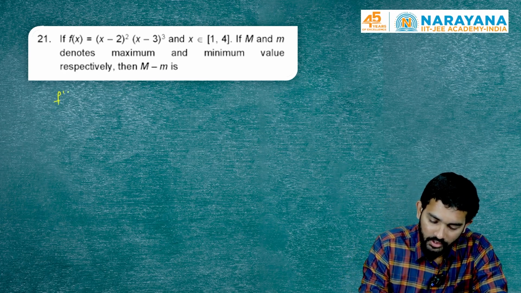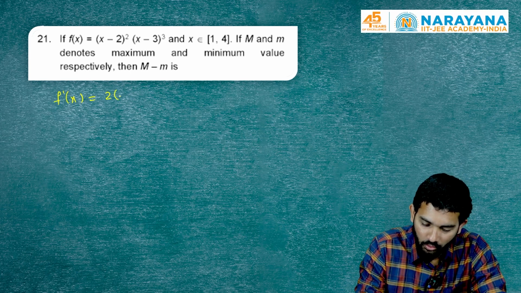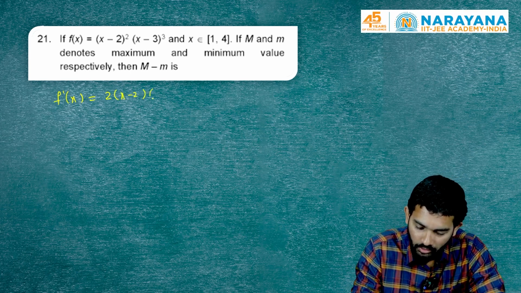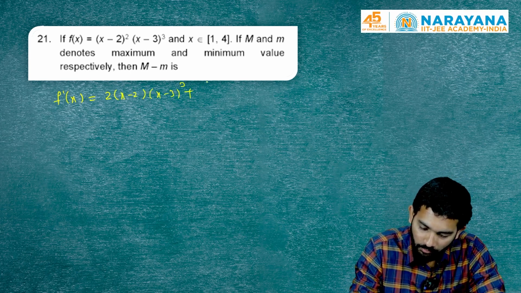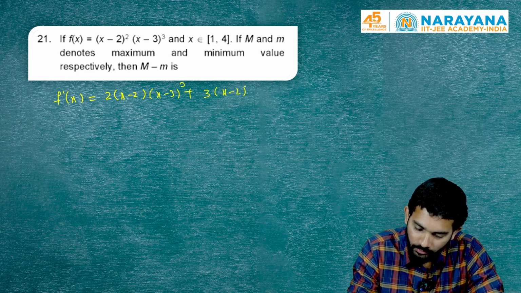If I differentiate f of x, I get 2 times (x minus 2) into (x minus 3) whole cube plus 3 times (x minus 2) whole square into (x minus 3) whole square.